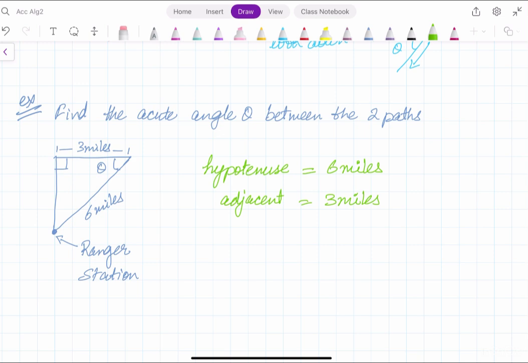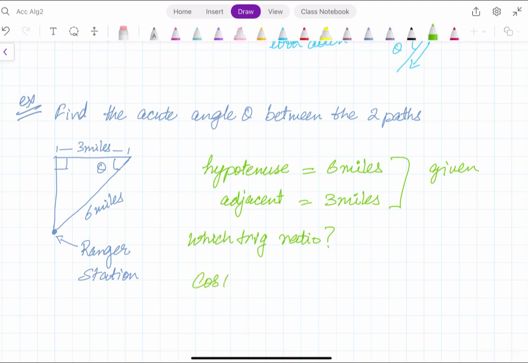So if I use process of elimination for SOHCAHTOA, adjacent is given, hypotenuse is given. So which trig ratio do you think we should use? Pause the video, think about it. Adjacent is given, hypotenuse is given.